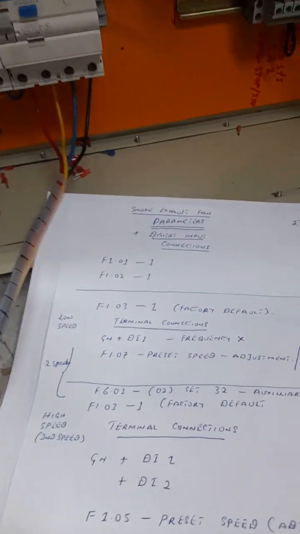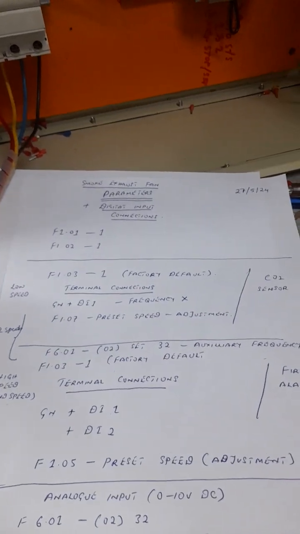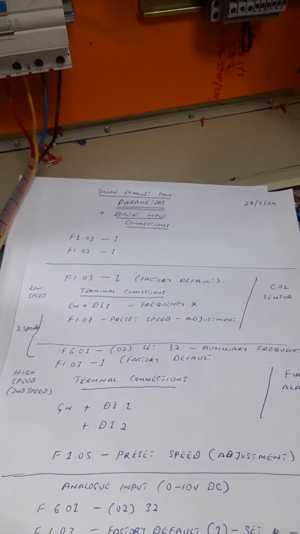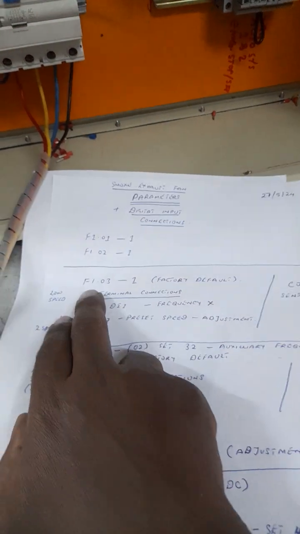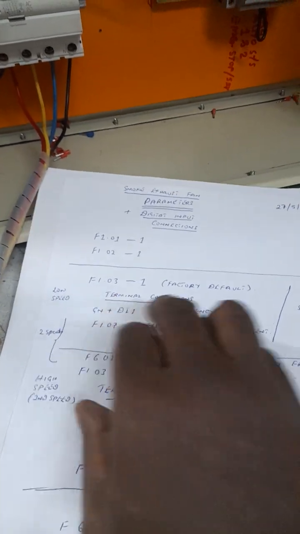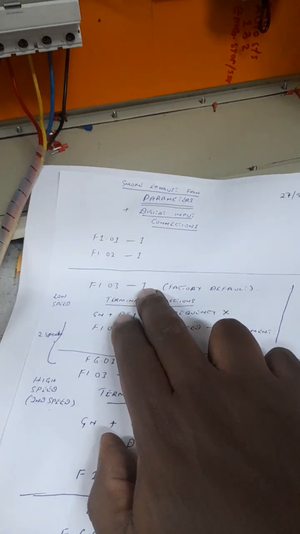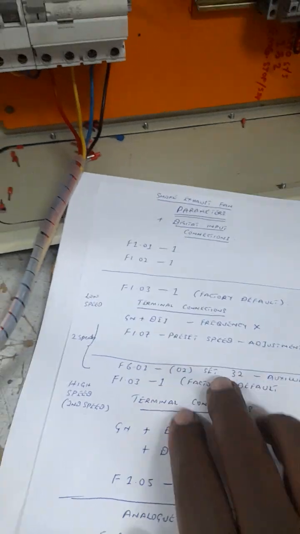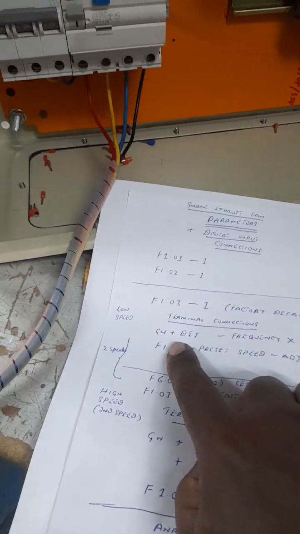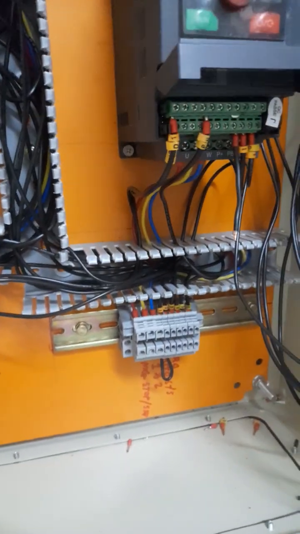So we want to attain one of the speeds. If you want to attain one of the speeds, f1.03 is already set at factory default, which is 1, and the terminal connection is between ground and digital input 1, DI1.